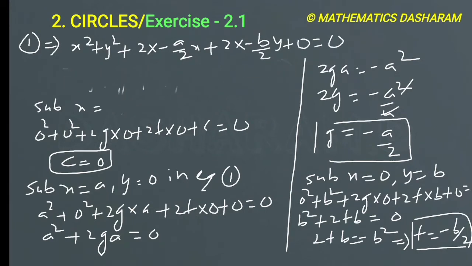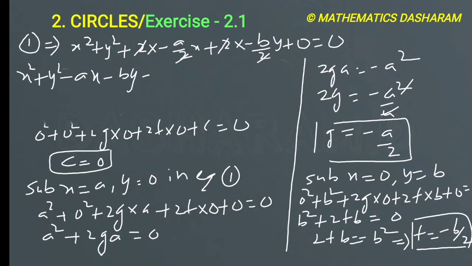Let's simplify this. So x² + y², the 2 cancels, −ax, the 2 cancels, −by = 0. So this is our required equation of a circle.